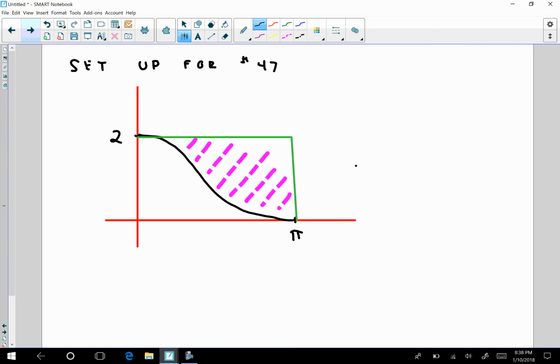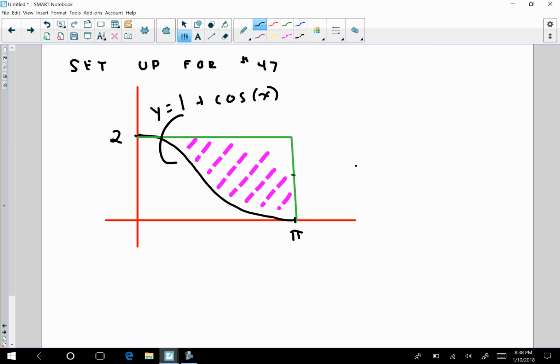All I'm going to do is set up the problem for number 47. Looking at number 47, you have the handout in front of you. What I want is this shaded area, this purple area. The graph, that black line, is part of the graph of y is equal to 1 plus cosine x.